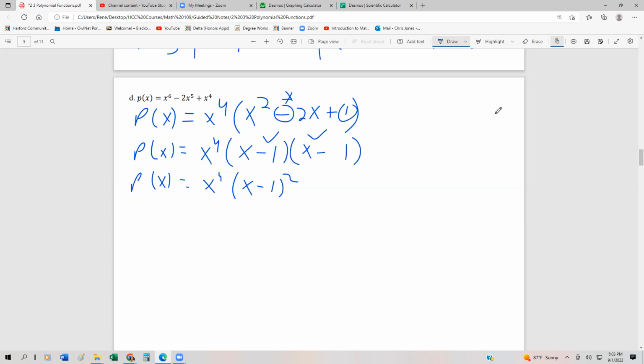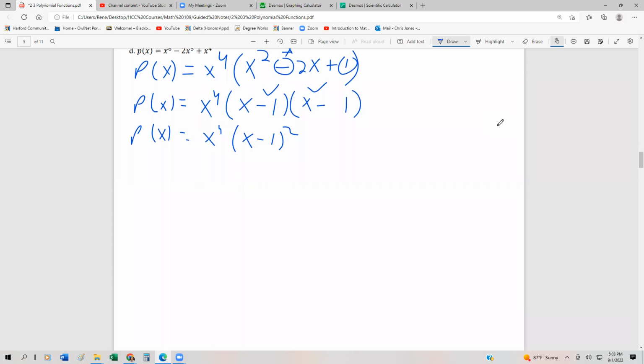quantity squared. And now we can see that there are two multiplicities of order higher than 1. So this factor has a multiplicity of 4, and this factor has a multiplicity of 2, because that's the exponent on both of those, right?